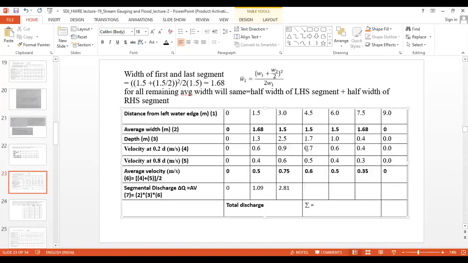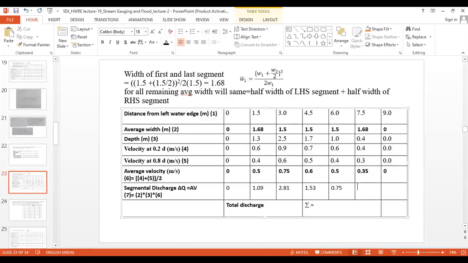Then next is area 1.5 into 1.7 into velocity 0.6, that is equal to 1.53. Next is area 1.5 into 1 into velocity 0.5, that is 0.75.